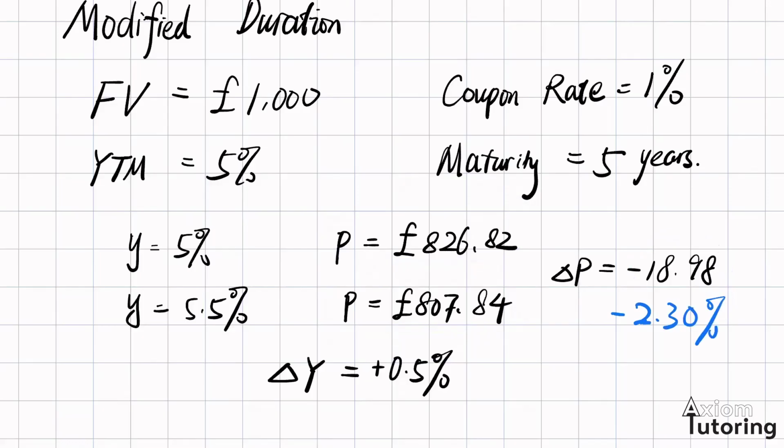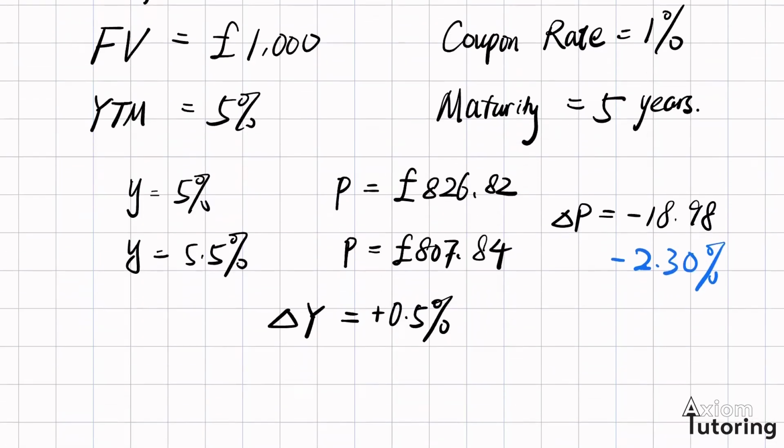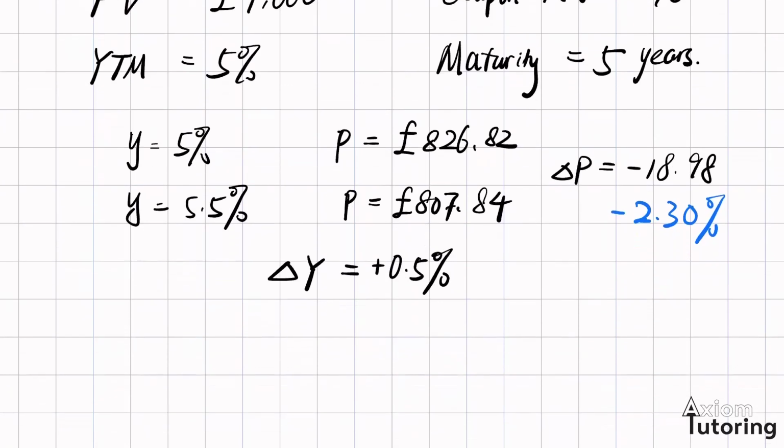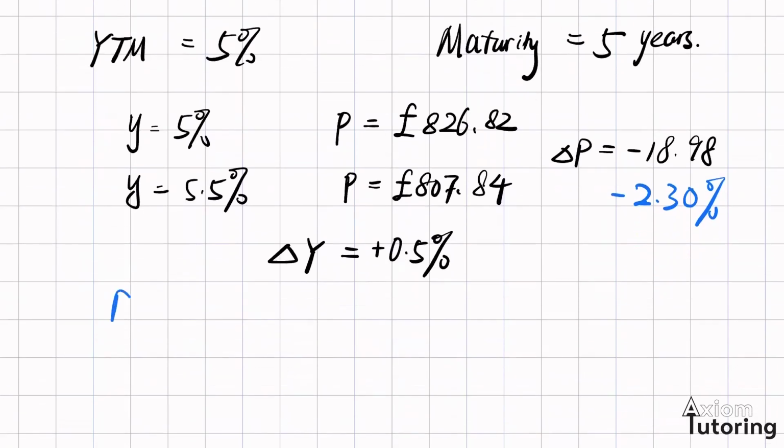All right, so what can we do about the approximation of the change in the price? We can use the modified duration. First, we're going to show you the definition of the modified duration. We call it D star here. It is simply the Macaulay duration divided by 1 plus y. The y is the original yield to maturity, not the new one.